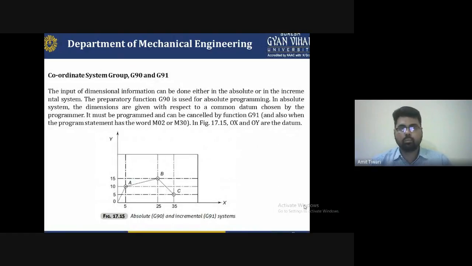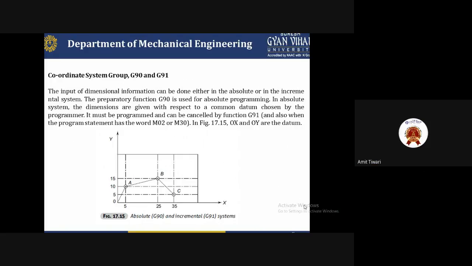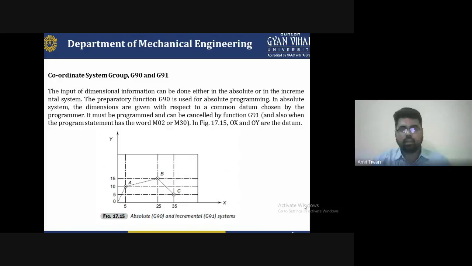Coordinate system group: G90 and G91 start this type of group. As you see in this diagram, the absolute G90 and incremental G91 systems are used to perform the operation. The input of dimension information can be done either in the absolute or in the incremental system.